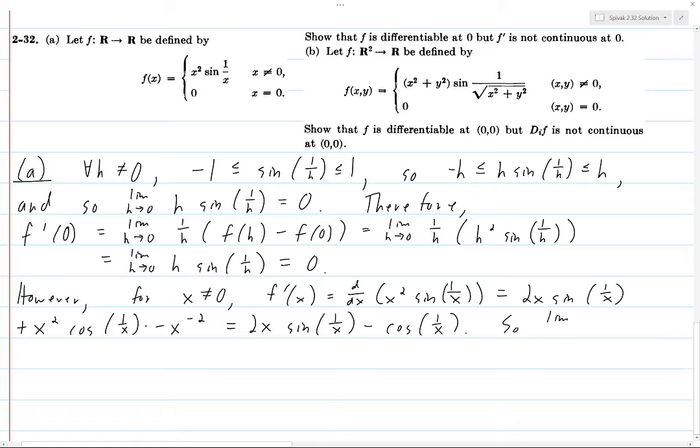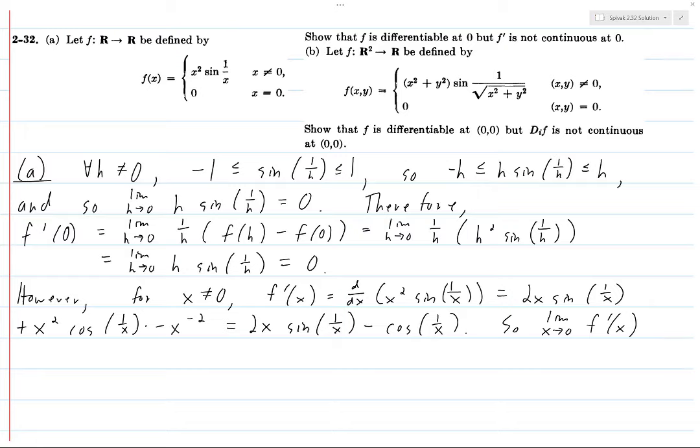So the limit as x goes to 0 of f prime of x: the 2x sine of 1 over x, you can use the squeeze theorem to prove that will go to 0, but the limit of cosine of 1 over x will not exist, because as x goes to 0, this oscillates more and more.